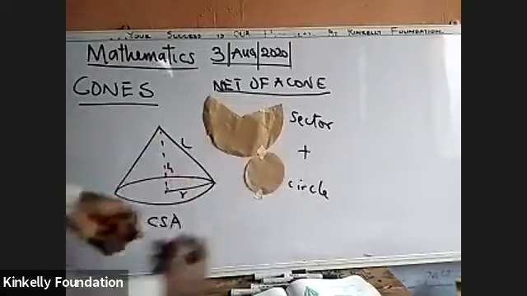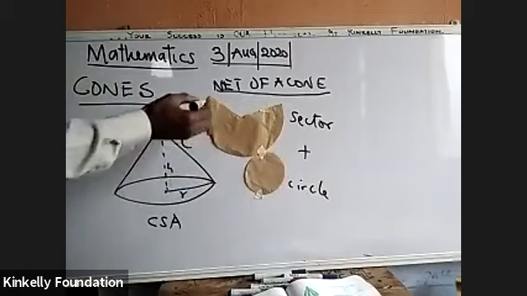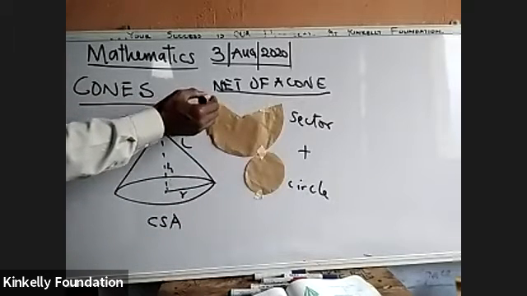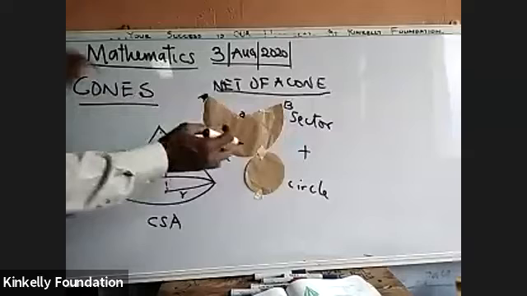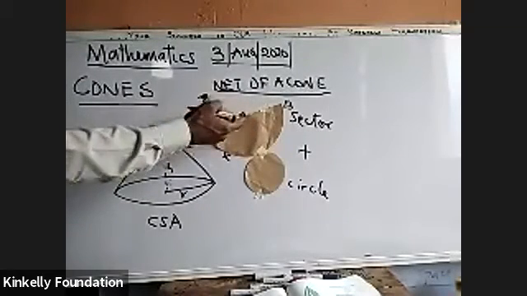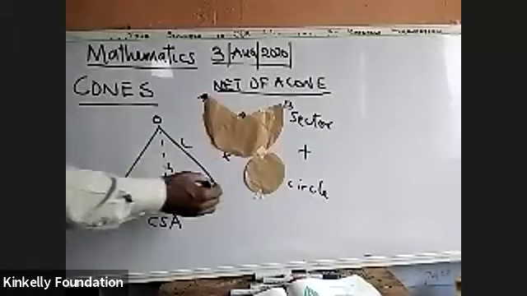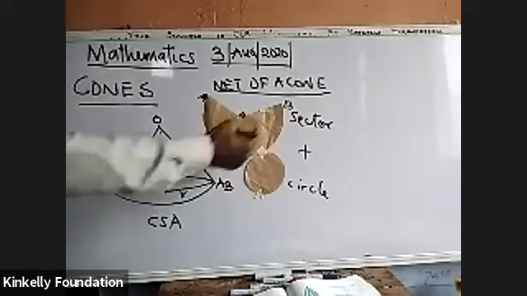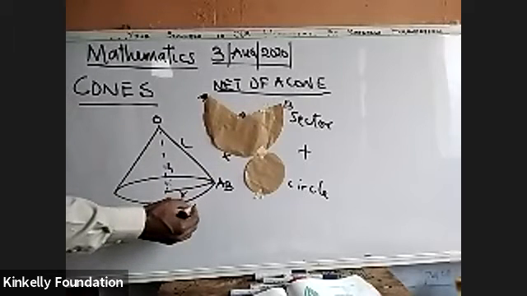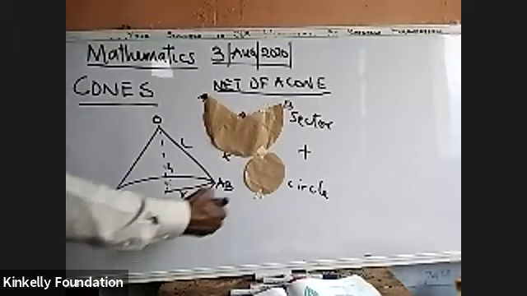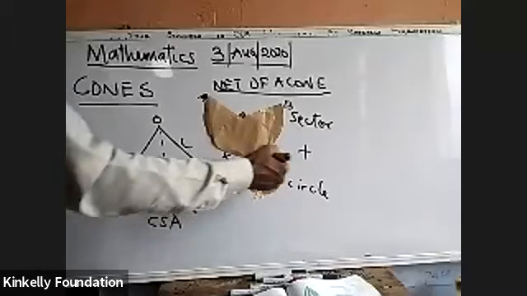When you fold a sector, let's say this is our O, A, X, and B. When you fold this sector, A will meet B, O is now here, and this X, the arc, will form the circular bottom that gave us this.